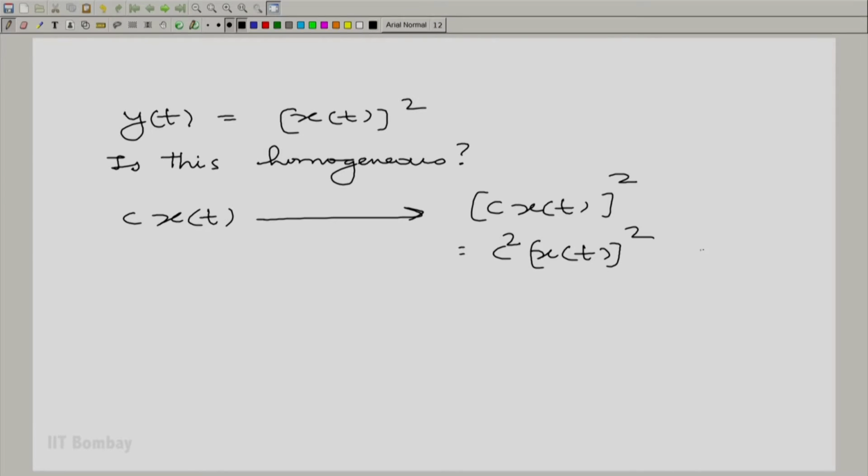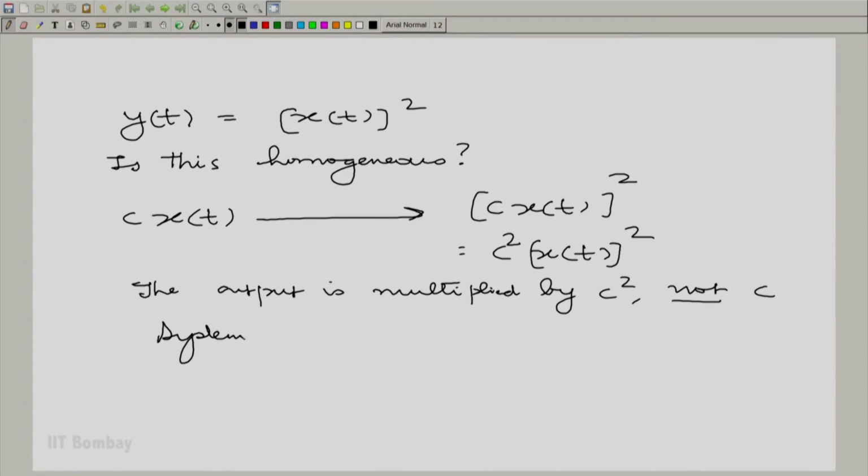Now, although the output is also being multiplied by a constant, that constant is not the same as the constant by which the input is being multiplied. The output is multiplied by c squared, not c, and therefore the system is not homogeneous.